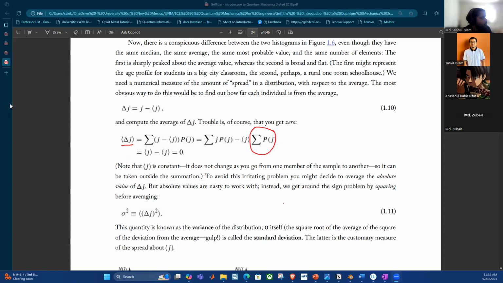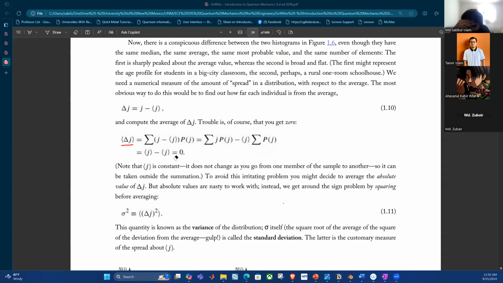So this is 1. You are ending with the expectation value here. We have already seen this: a value of variable j and the probability of finding that value. The summation of this is the expectation value. So that is average of j minus average of j.